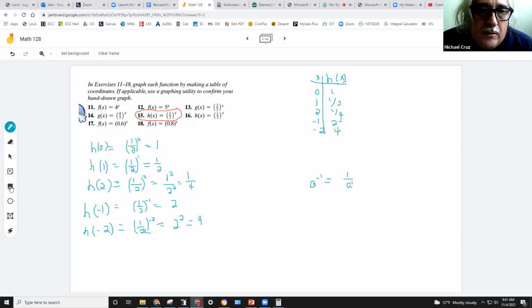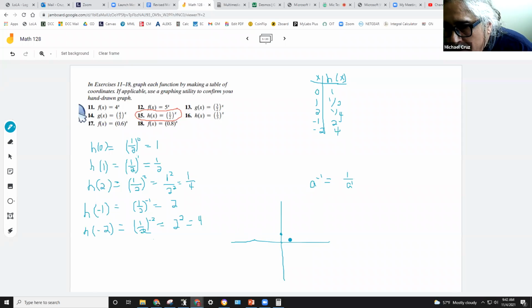All right, and I wish this thing had some better drawing tools, but I'm just going to do a rough sketch because that's what they asked us to do. So we got 0, 1. We got 1, 1/2, so right about there. And then 2 gets real close.